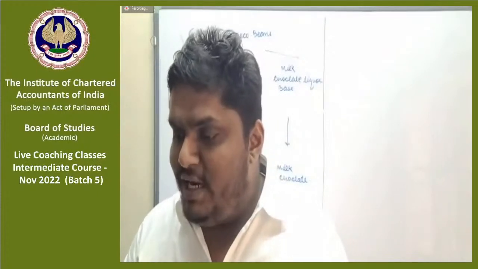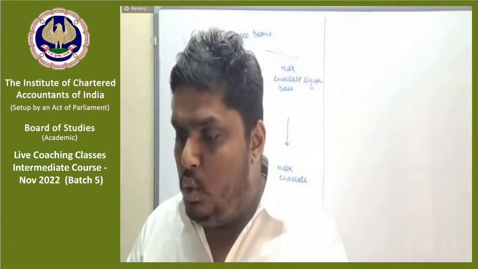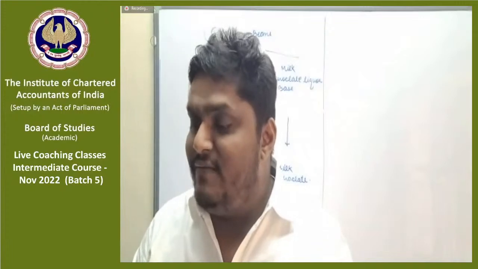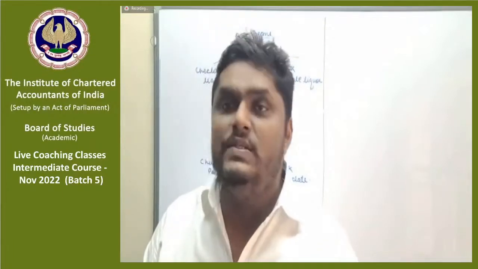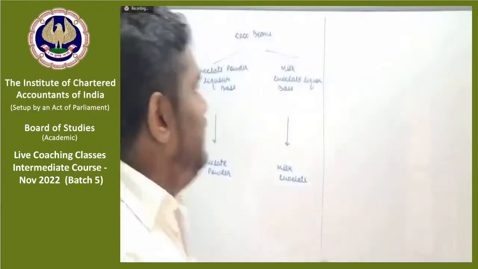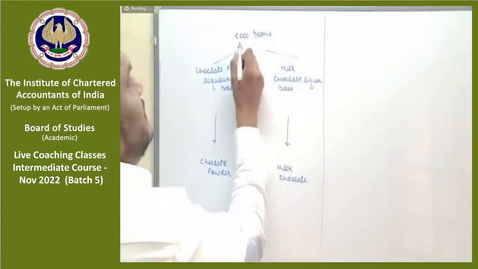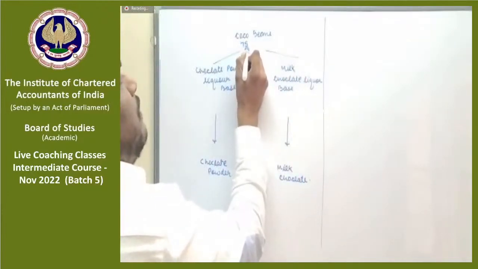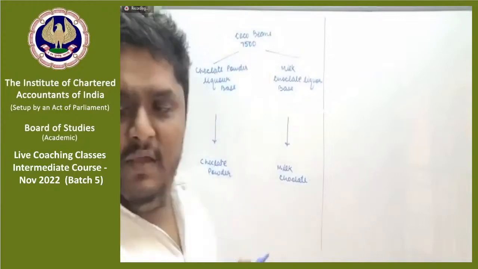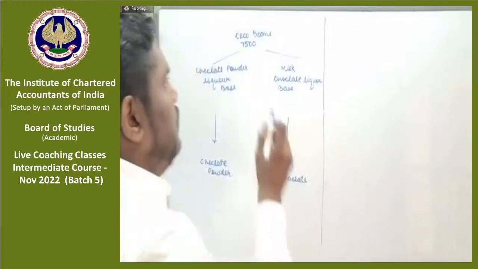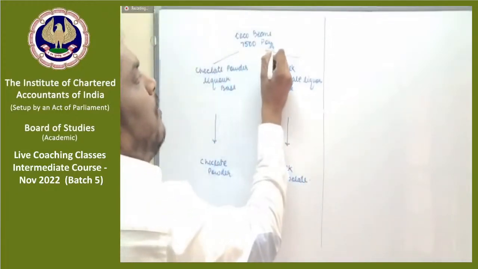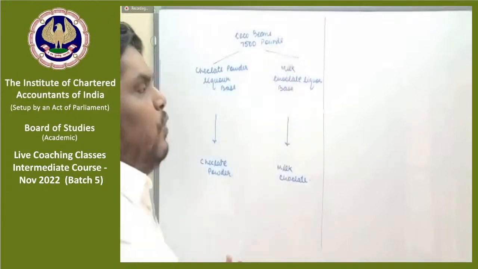Okay. Production and sales data for October 2013 are as follows: 7,500 pounds of cocoa beans were processed. Very important point. How many cocoa beans were processed? 7,500 pounds of cocoa beans were processed.